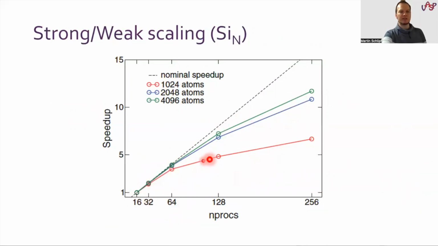The weak scaling is at a constant system size, where you increase the number of CPUs that you use. And you can see that the larger you make the system, the further you can push the parallel efficiency.